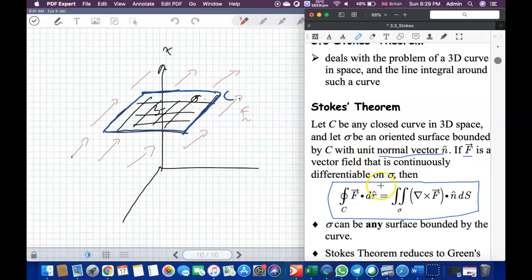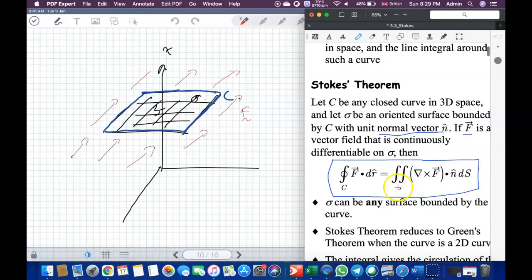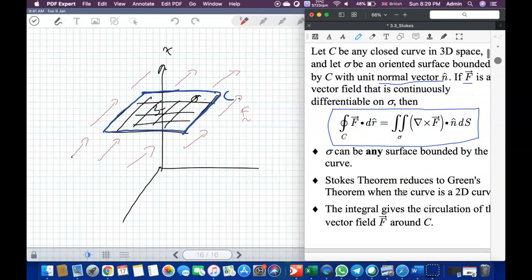Then the value on the left, which is the line integral over the closed curve C, is equal to the surface integral of the curl F over the surface sigma. So sigma can be any surface bounded by the curve C.